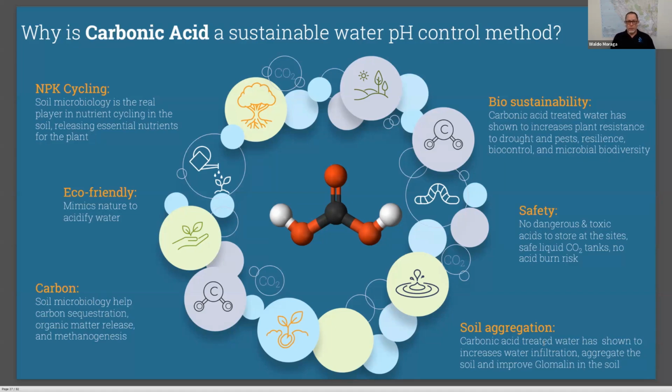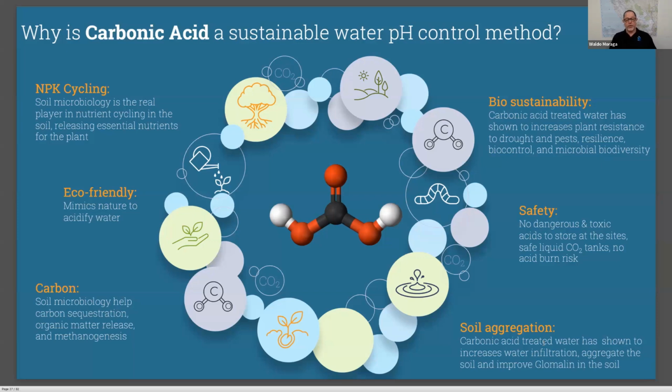Carbonic acid also proved to aggregate the soil, increasing water penetration, because it takes away all that high calcium that was keeping the soil together, and it aggregates it, improving water penetration and improving a glycoprotein that is present in the soil named glomalin.